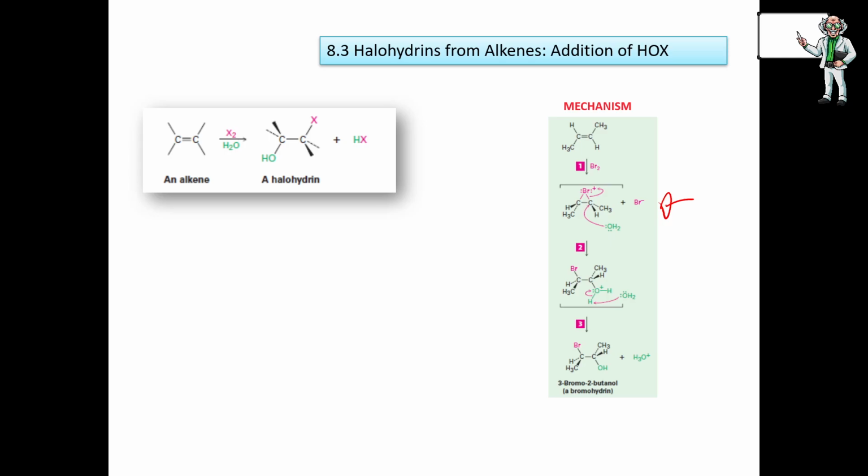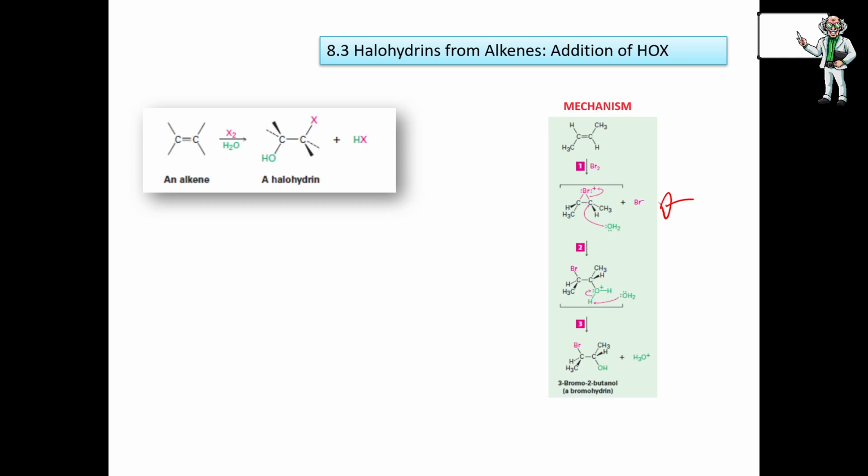However, now, instead of this bromonium ion being attacked by the bromide, we have a better nucleophile. We have water as nucleophile, that is a better nucleophile. Water will attack the carbon in the same way that the bromide attacked before, that means opposite to where we formed the bromonium, to generate a trans compound.